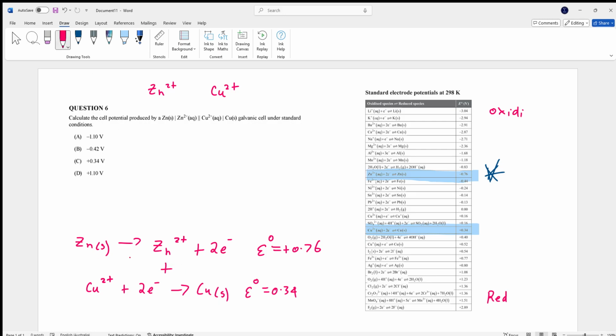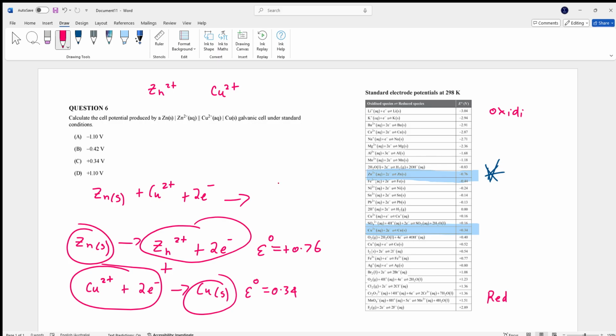So if you add these together, I'll have zinc solid plus copper 2+ plus 2 electrons produce zinc 2+ plus 2 electrons plus copper solid, and the E naught would be 0.76 plus 0.34.